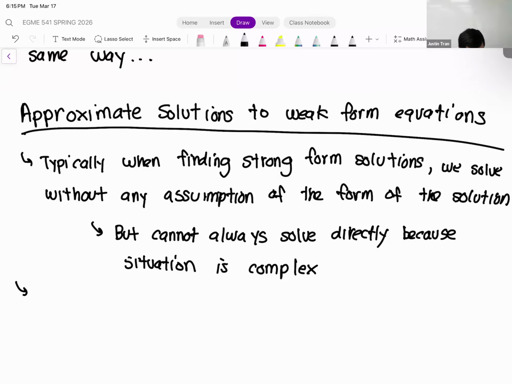What if you solve for the solution in a backwards way, where before you start, we make an assumption about what our solution is going to look like?